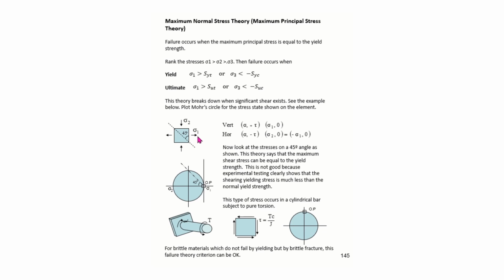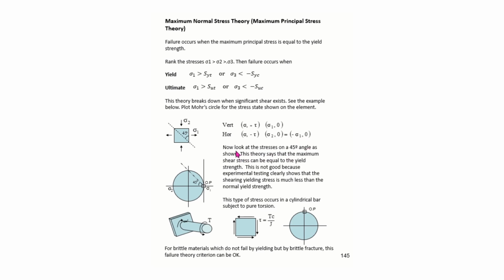So my coordinates for my vertical stress are sigma 1, comma 0. And then here, the stress is on my horizontal plane. Again, there's no shear, and I have a compressive sigma 2. So I have sigma 2, comma 0, and I'm going to let sigma 2 equal sigma 1, but be a negative of it. So minus sigma 1, comma 0.